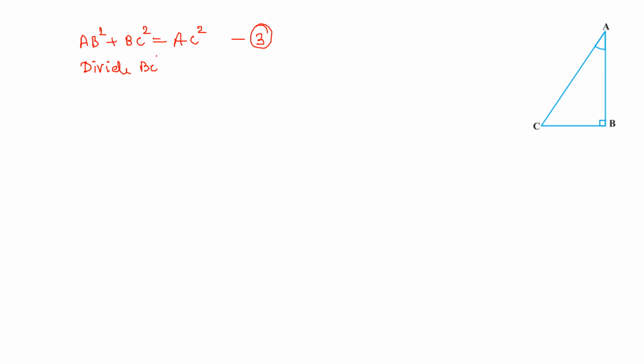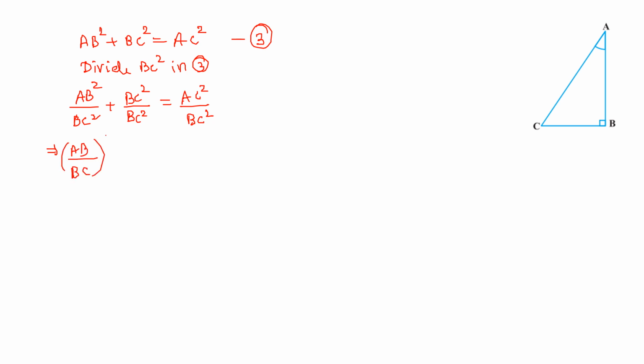So what will happen? It will become AB square by BC square plus BC square by BC square equal to AC square by BC square. Now further I can write it as AB by BC whole square, plus BC square by BC square is 1, and AC square by BC square will be AC by BC whole square.